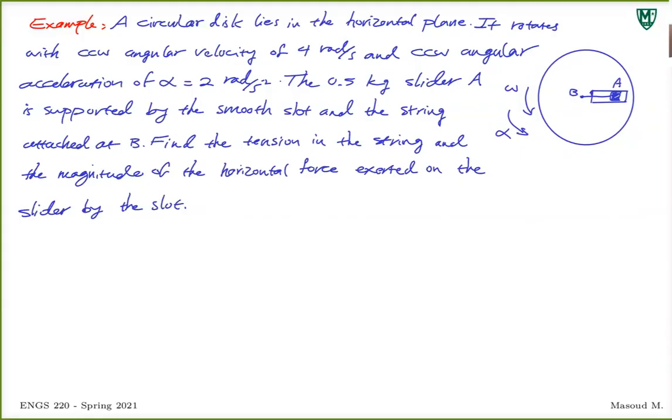Along with my free body diagram, I have to find my kinetic diagram and put them together to form the equation of motion using Newton's second law, basically that the summation of forces is equal to mass times acceleration. Now I'm going to look at this slider, the block that is sliding inside that slot. All right, I'm going to draw it here.